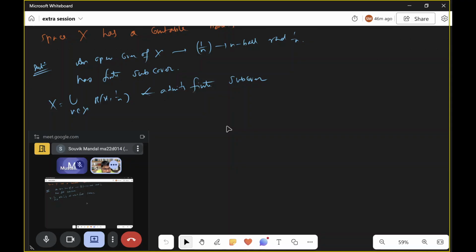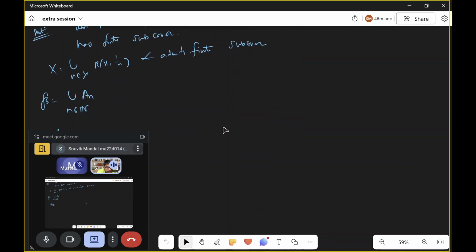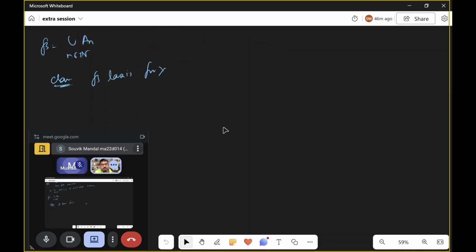Let the countable set beta be equal to the union of A_n, n belongs to N. The claim is that this beta is a basis for X. How to do that?